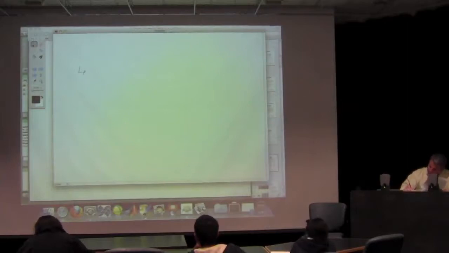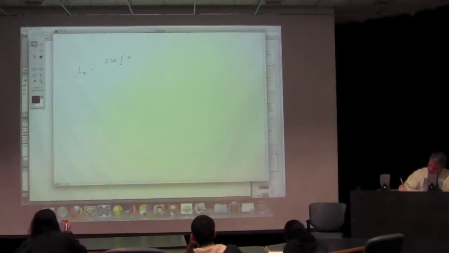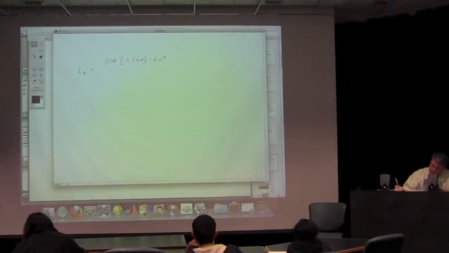Turned out that LD equals epsilon theta, emissivity, times L at an altitude and a 0 viewing angle, minus LU, the path radiance, the same condition, all over tau and H 0, and then difference in the emissivities.